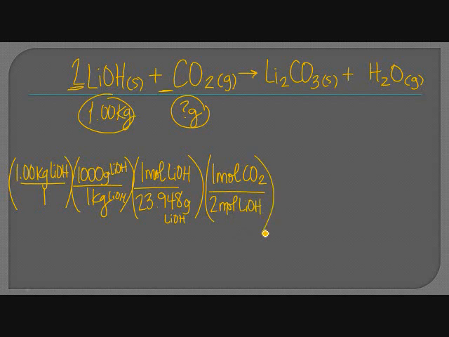Okay? Then we need grams, we need a mass, so we would multiply by the molar mass of what we want, which is the CO2, and I find that molar mass to be 44.00915.